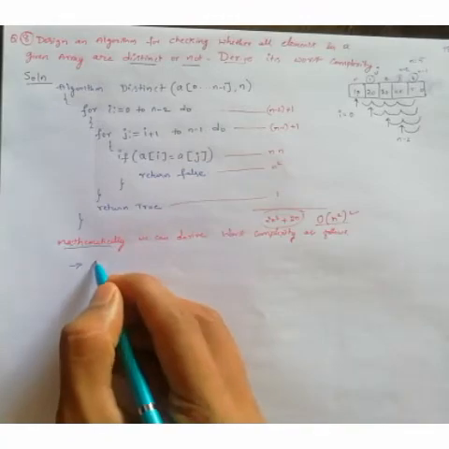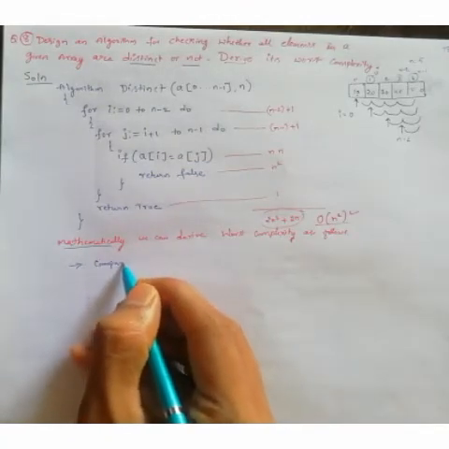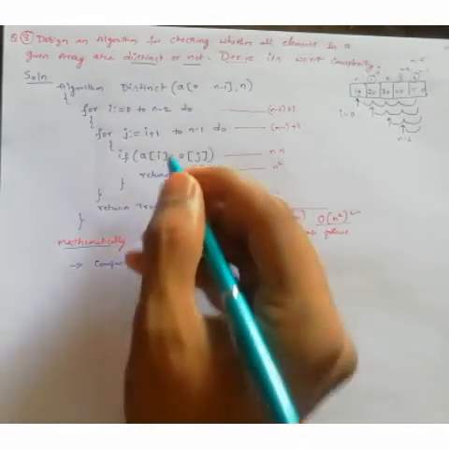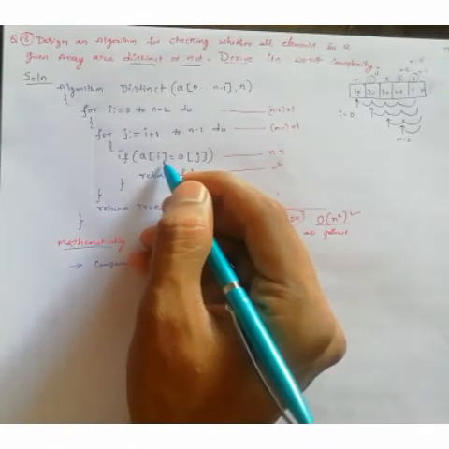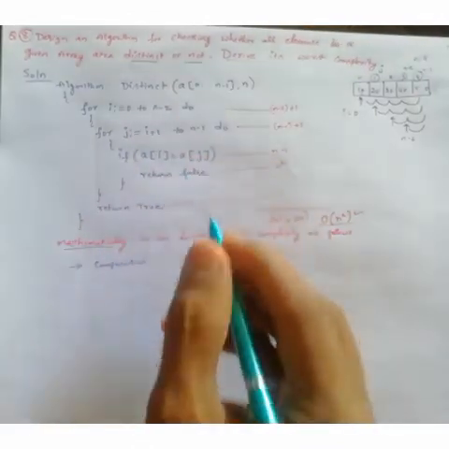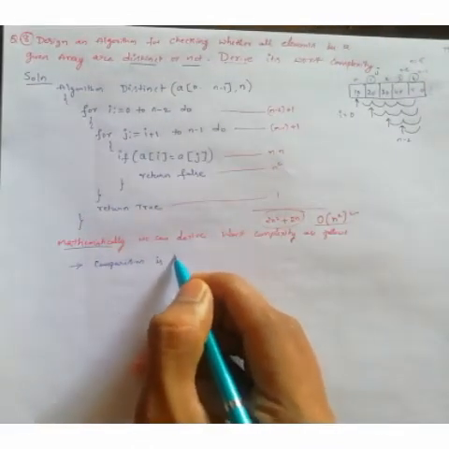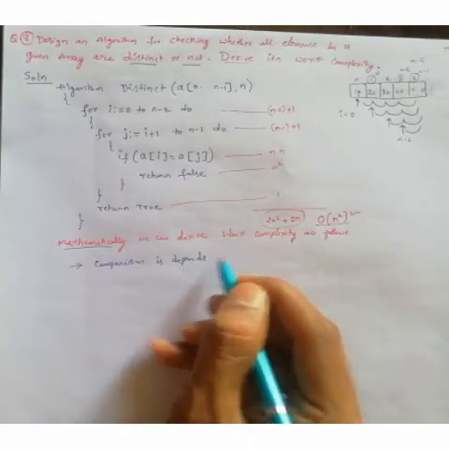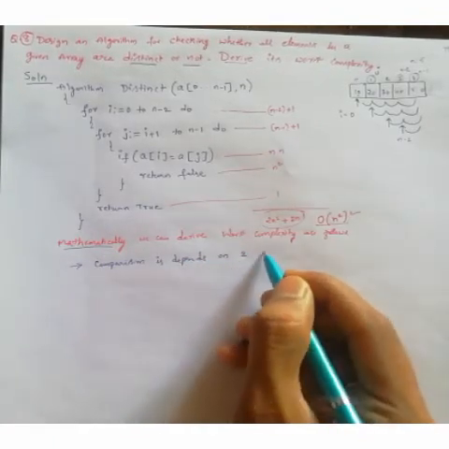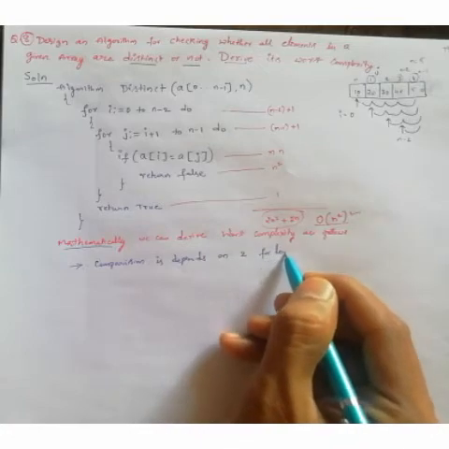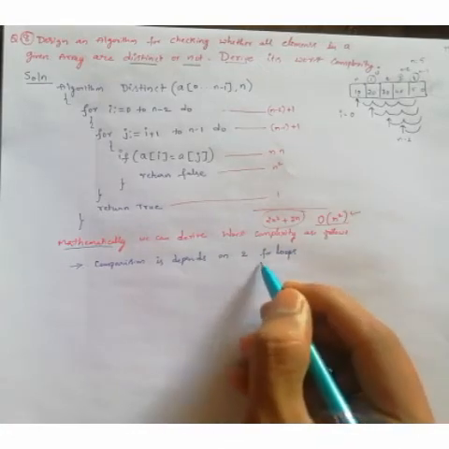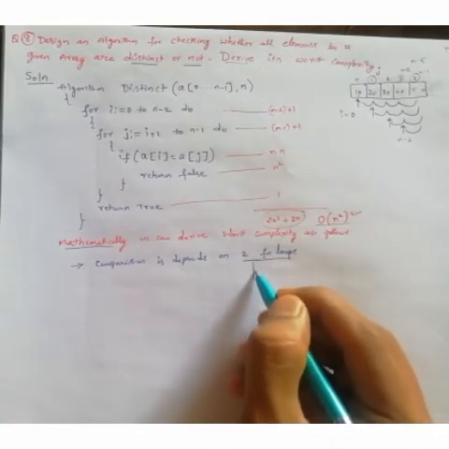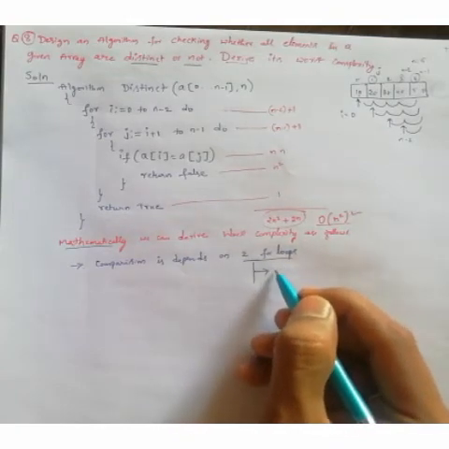Comparison. Comparison is related to how many loops? 1 and 2. Comparison depends on two for loops. What are those two for loops? One is the inner for loop.